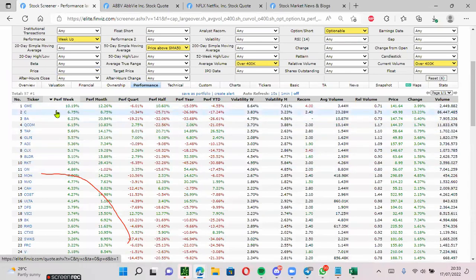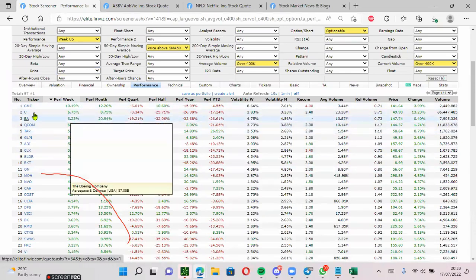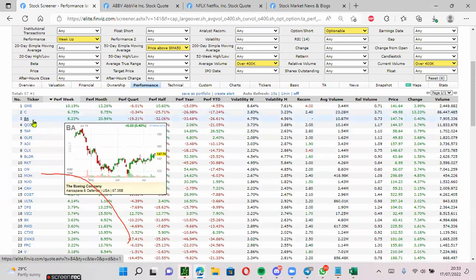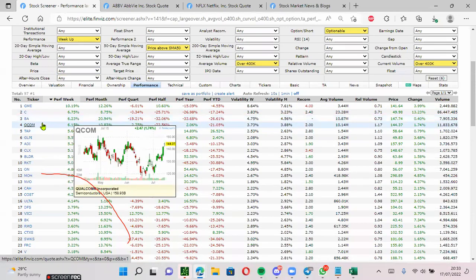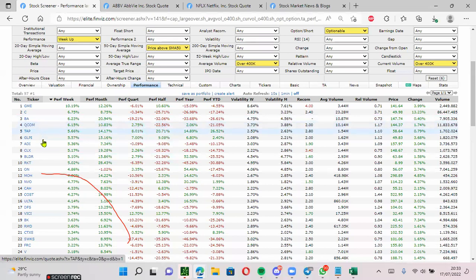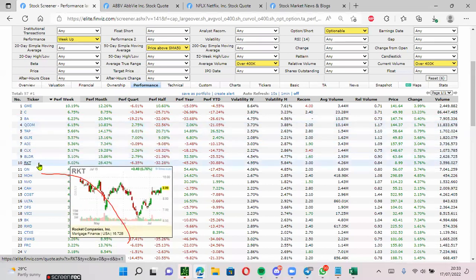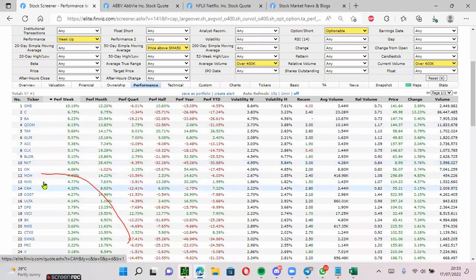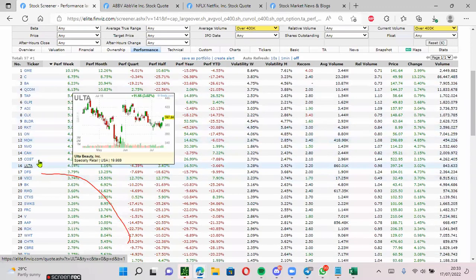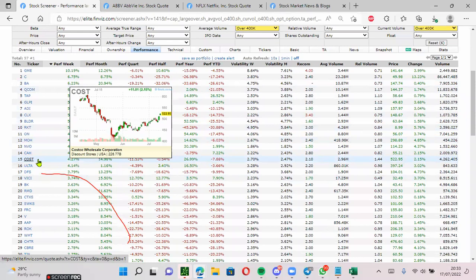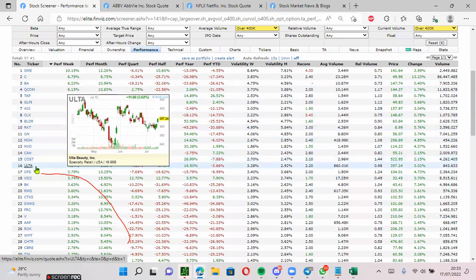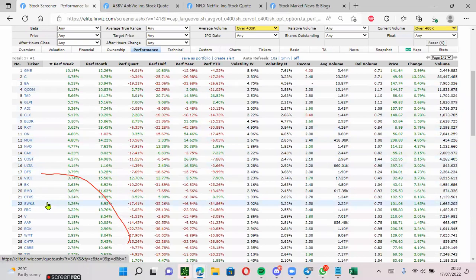Gaming, people are trying to invest in gaming. And Boeing is actually breaking out. Qualcomm is breaking out. And Rocket Mortgage is also breaking out. Costco breaking out from previous. Alta is actually a good stock. Then what else?